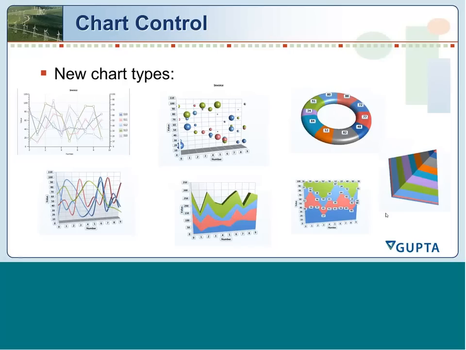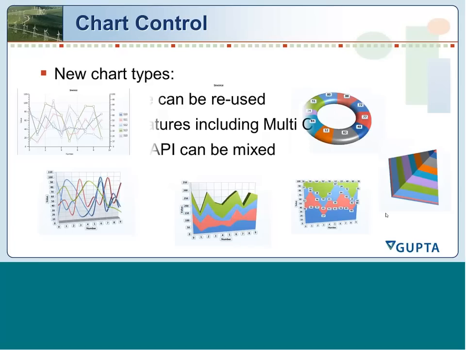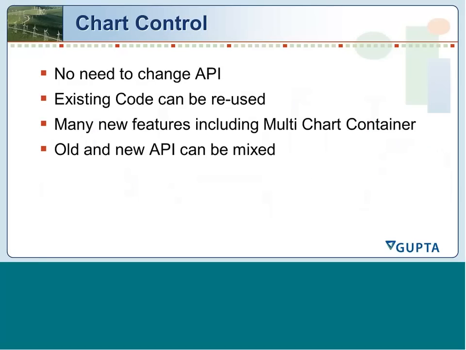And you can zoom into the chart controls. And also, for example, you can use multi-charts inside the multi-chart container. This is very tricky, because then you have the possibility to show, for example, 2 or 3 different charts with the same x-axis and different y-axis in one chart. And the good thing is, the old and new API can be mixed.